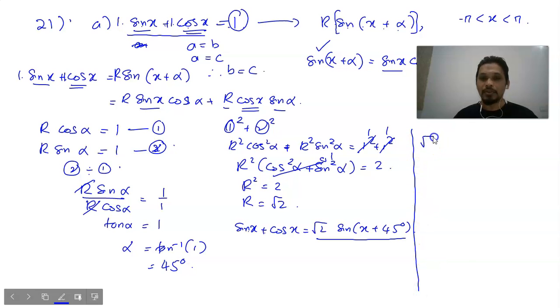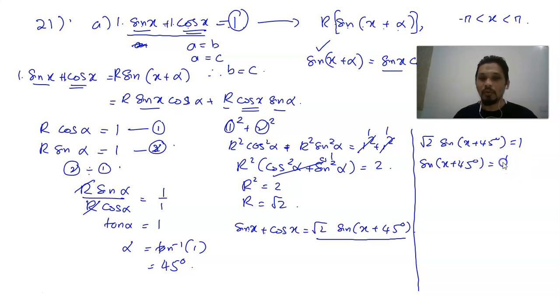So now square root of 2 sine x plus 45 degree equal to 1. Then sine x plus 45 degree equal to 1 over square root of 2. So then x plus 45 degree equal to arc sine of 1 over square root of 2.